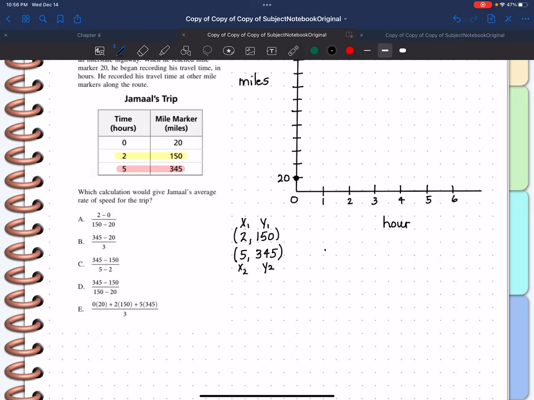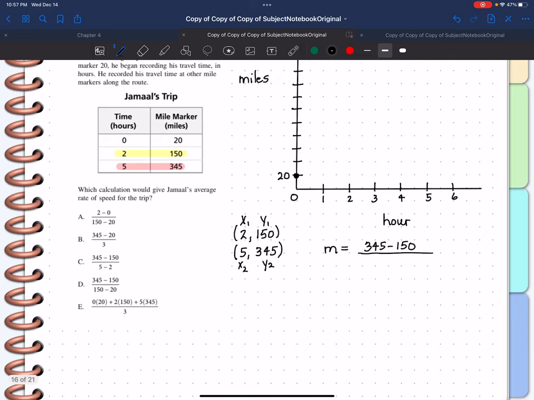And then I can calculate my slope. Remember, slope is always rise over run. So you're going to put the y's on top. y sub 2 minus y sub 1 over x sub 2 minus x sub 1.